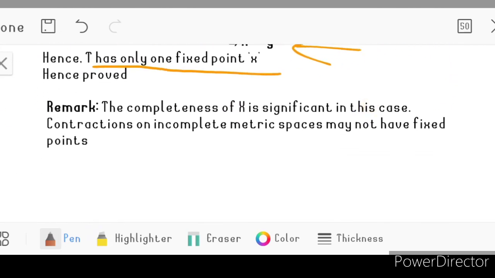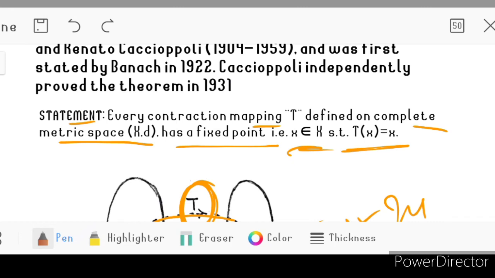Hence proved. Next we have a remark: the completeness of X is significant in this case, and a contraction on an incomplete metric space may not have fixed points. The remark means that in this theorem we have said every contraction mapping T defined on a complete metric space must have a fixed point.